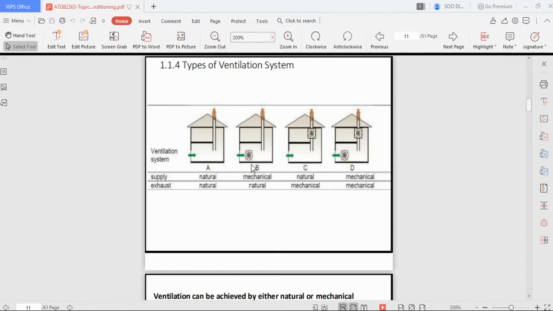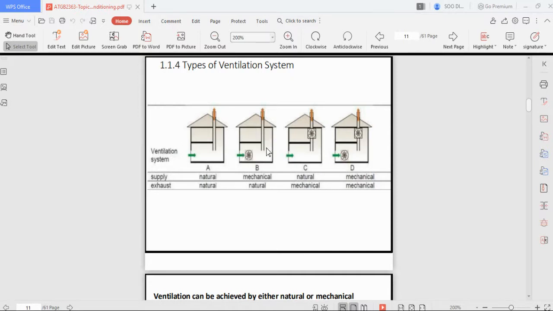So you have a mechanical supply here. This mechanical supply works by drawing the air outside into the room. And ventilation works through differences of pressure. When you are drawing air from the outside into the building, you'll be creating a high pressure inside this room.